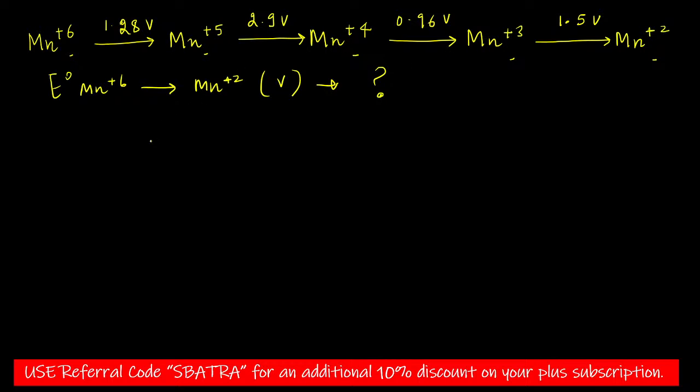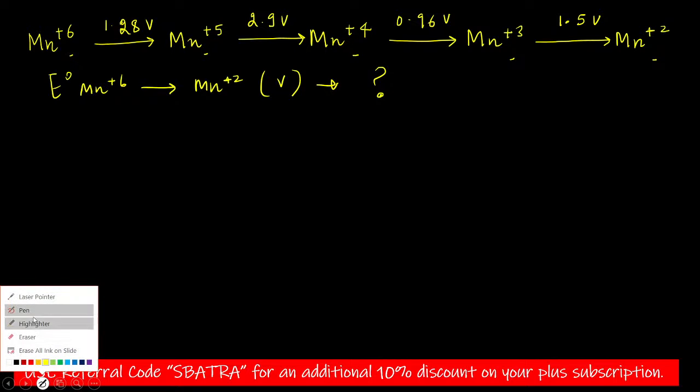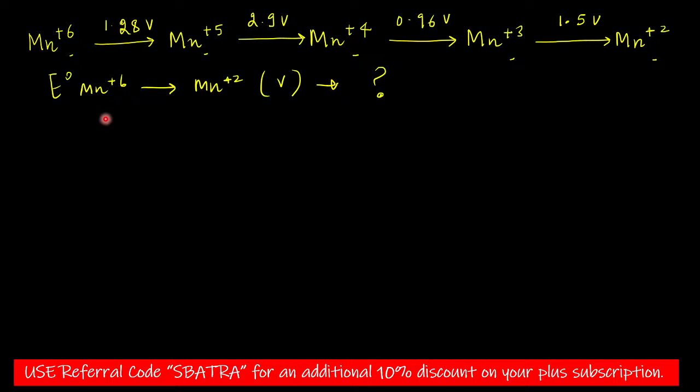So what you have to find out is the standard electrode potential for the Mn6+ to Mn2+ process, in volts. You have to give your answer.